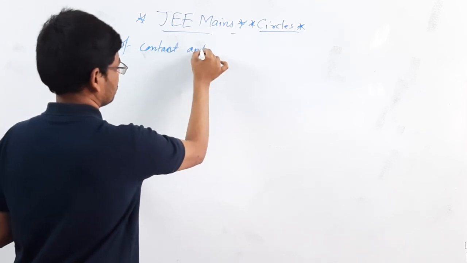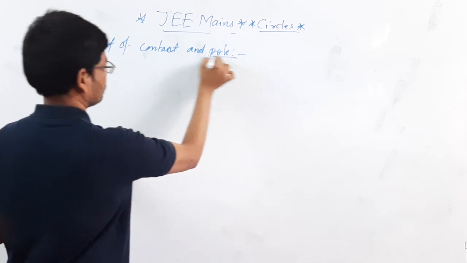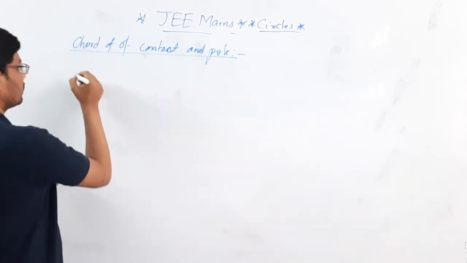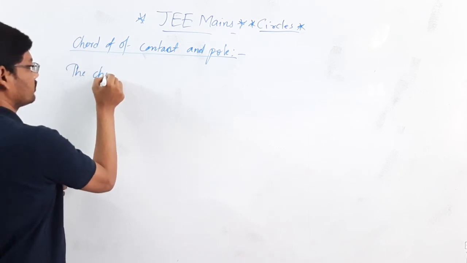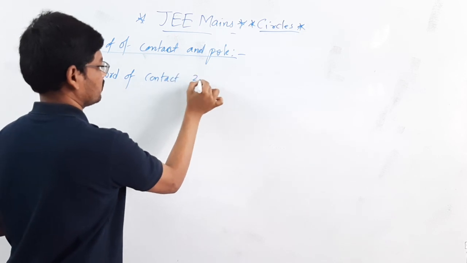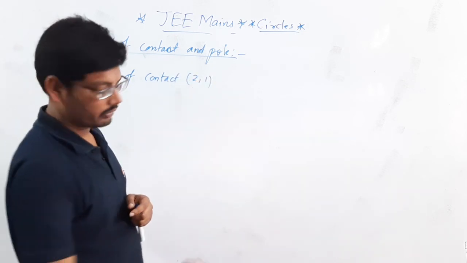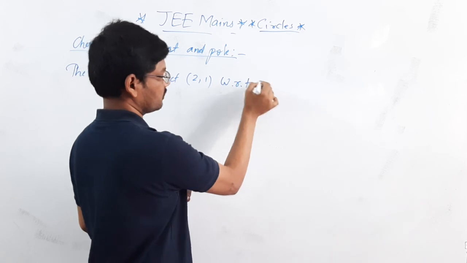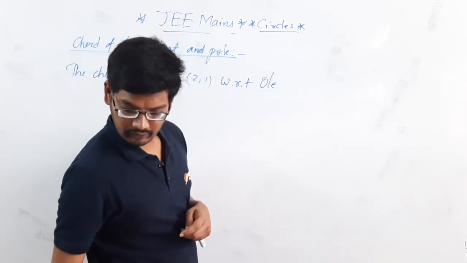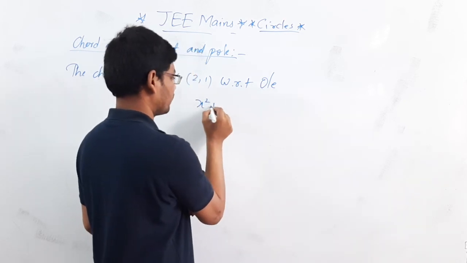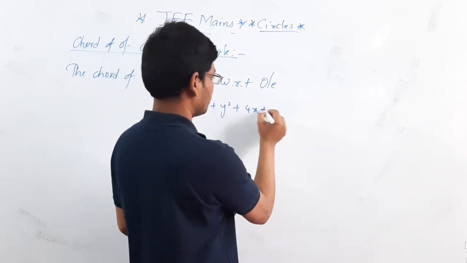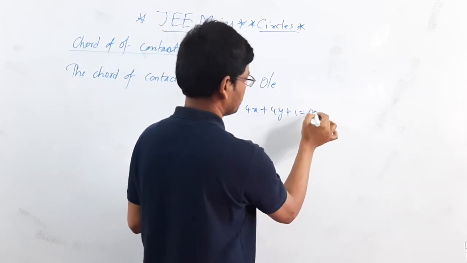The chord of contact of the point 2, 1 with respect to the circle x square plus y square plus 4x plus 4y plus 1 is equal to 0.